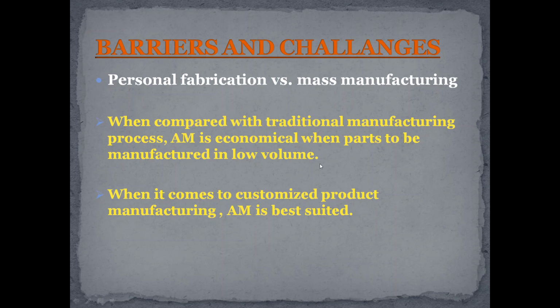You can see here when you create low volume parts, it will be economical as compared to other processes. When it comes to customized product manufacturing, additive manufacturing is best. When you customize products, then it is best for any creation of objects.